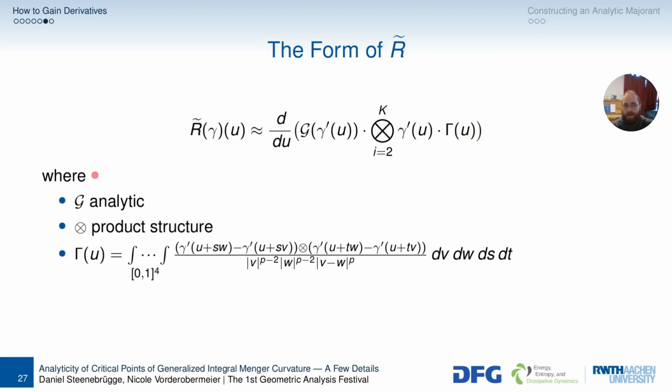And I said gamma is analytic. We have a product structure with this O times thing, and then we have gamma. And gamma is a quadruple integral over differences of gamma prime times some other differences of gamma prime divided by something that turns up in the differences. That does not look too nice.